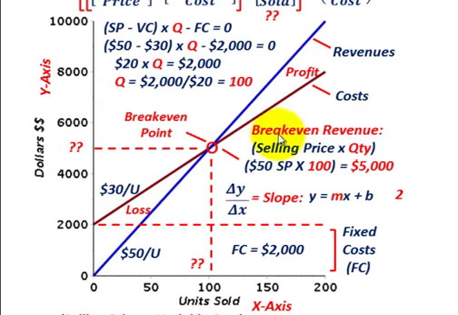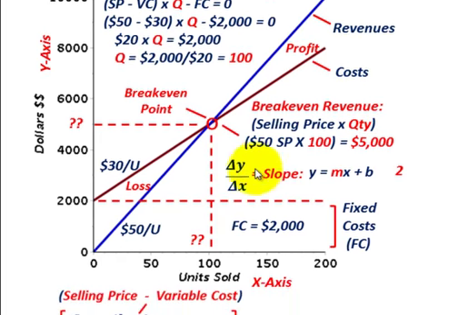Our break-even revenue, based on our line equation, is the same amount: that $50 selling price times the quantity of 100, $5,000. So in both cases, we are able to determine the break-even point for the units sold to be 100, and then our break-even point for revenues or costs, as you want to look at it, would be $5,000.